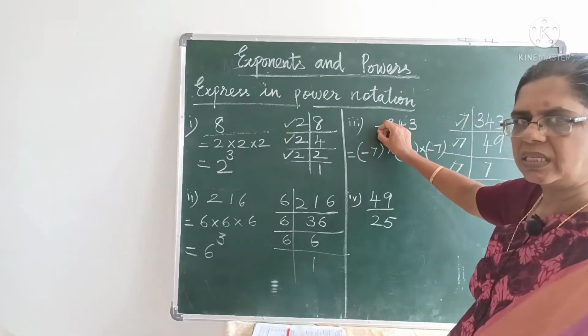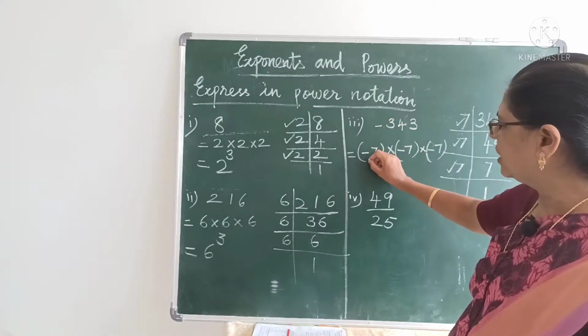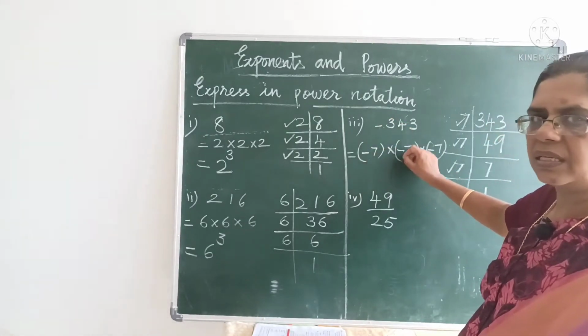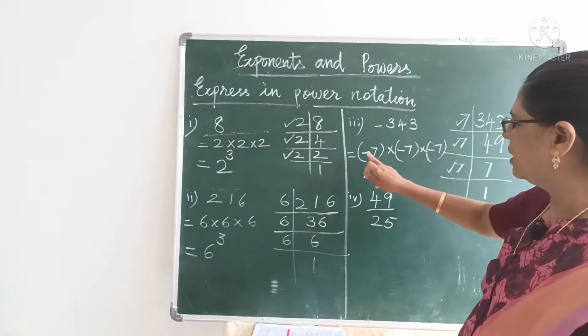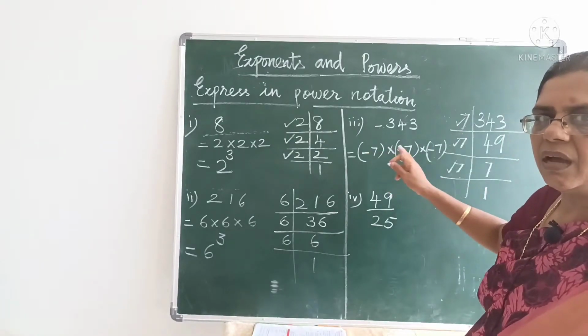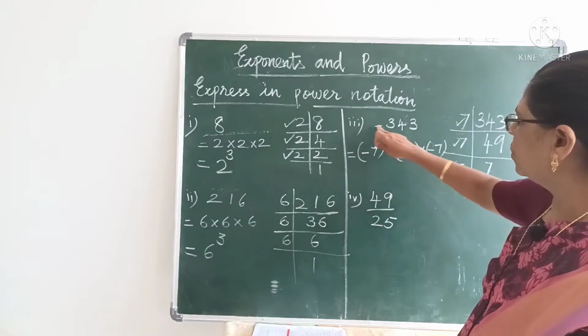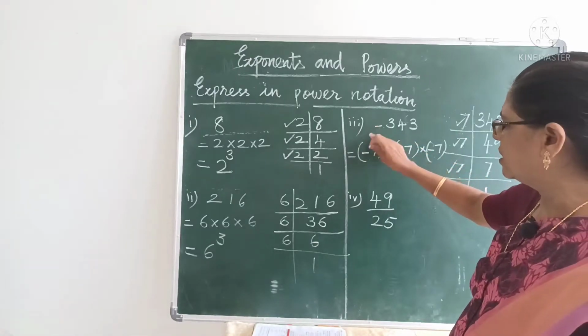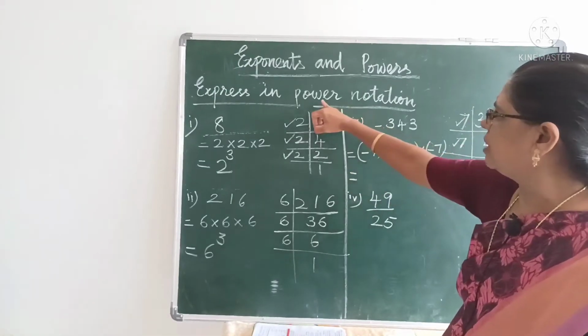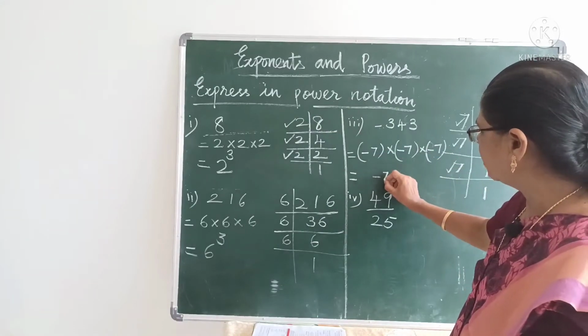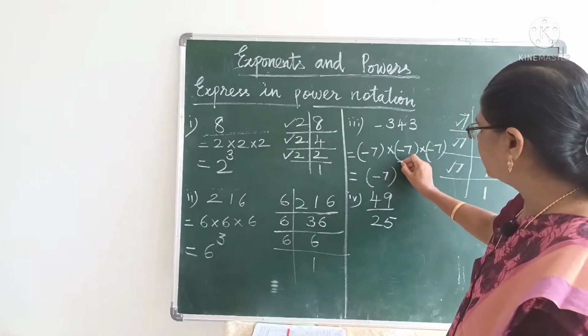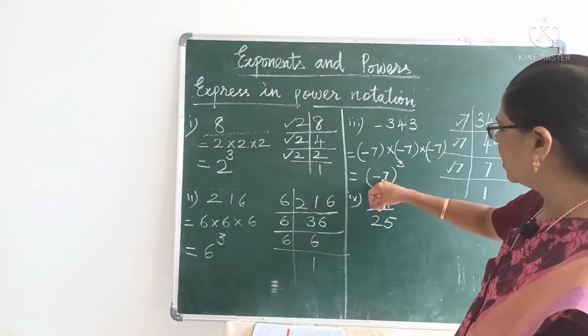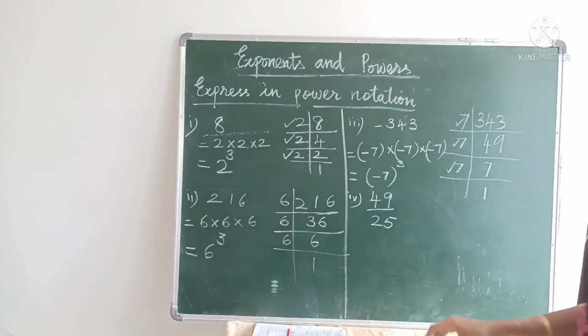Since the product is negative, you put it as minus 7 into minus 7 into minus 7. Here minus sign is taken odd number of times, so your product will be negative. How will you write it in power notation? Minus 7 power 3. You have to read it as minus 7 cube.